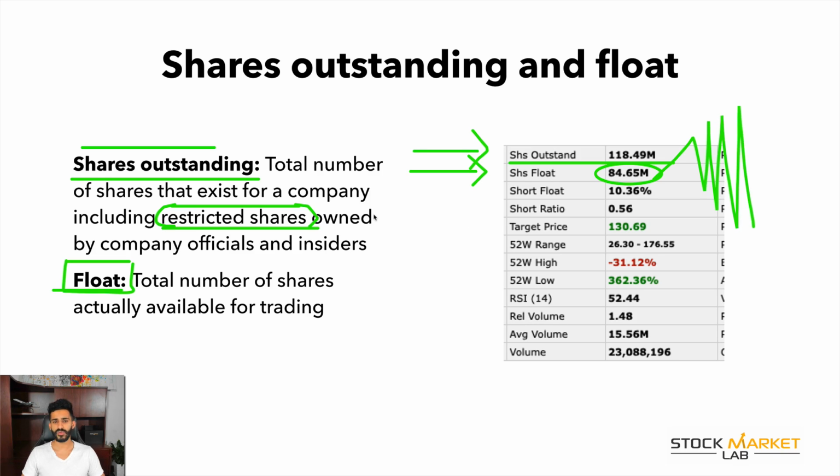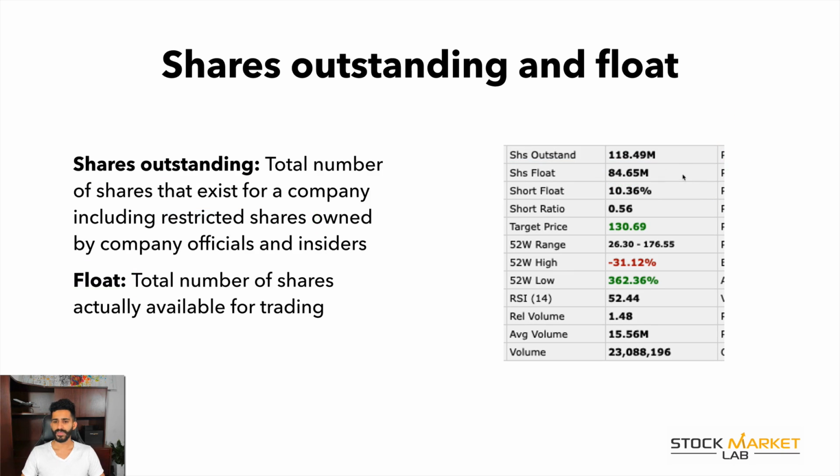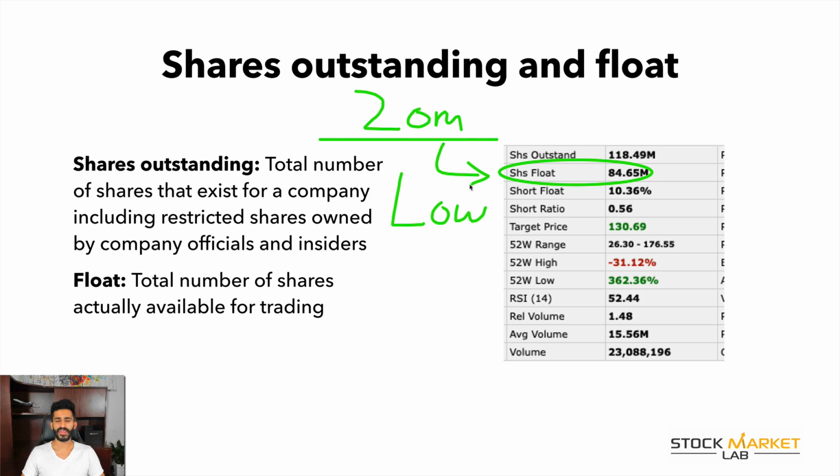Now, what you have to understand with shares outstanding and shares float, if a company has anything lower than 20 million on float, anything less than 20 million, that's considered low. Once again, if a company has 20 million or less shares on its float, that is considered low float. And if a stock has low float, it is easier for it to go up or down.